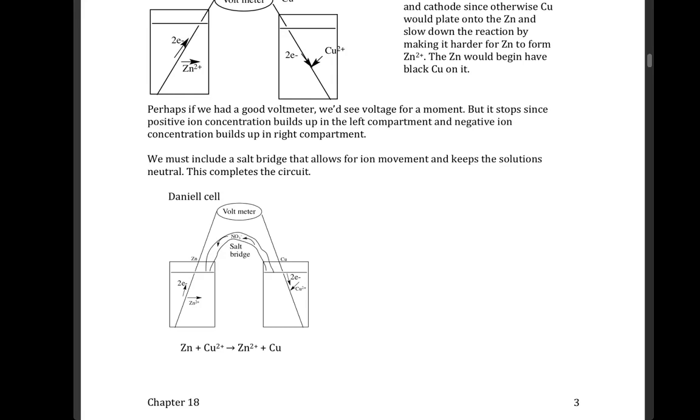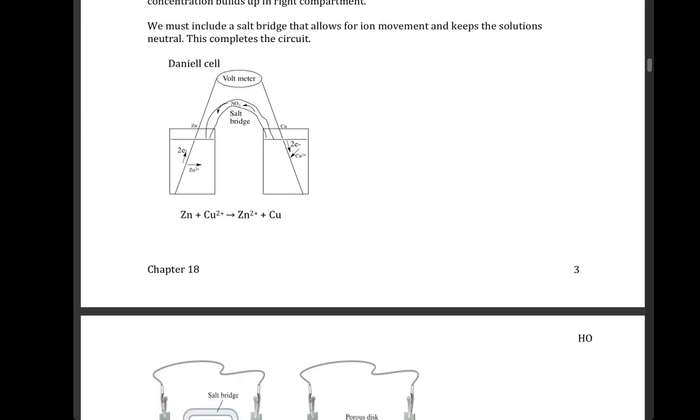And this would complete the circuit. When we have this copper zinc setup, we have what's called a Daniell cell, and it is just like the diagram above, except with that salt bridge inserted.